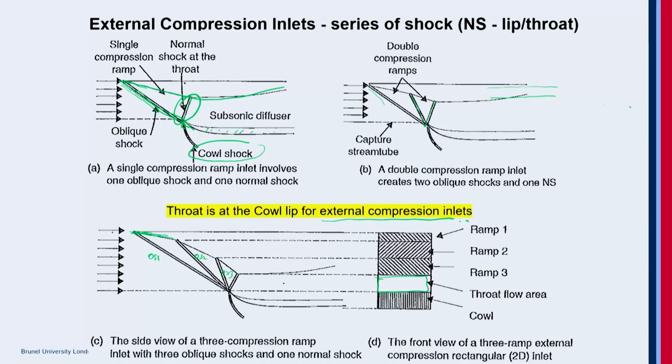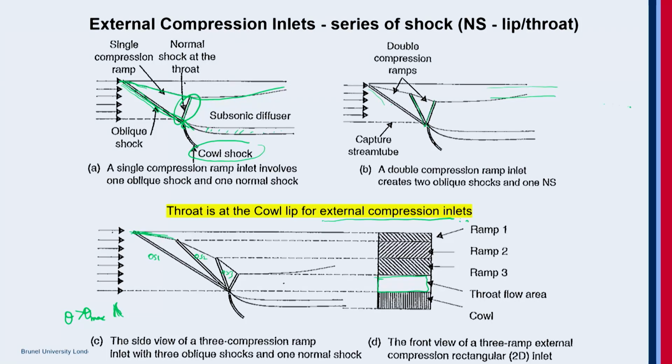At the same time, what you can observe is that every time you add an oblique shock, you turn the flow. So the flow will turn excessively. So there is a limit up to which you can operate on external compression ramp, because eventually you end up turning the cowl lip in such a way that theta will go greater than theta max.